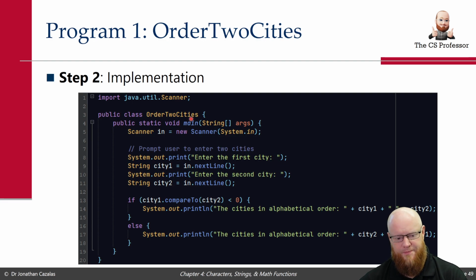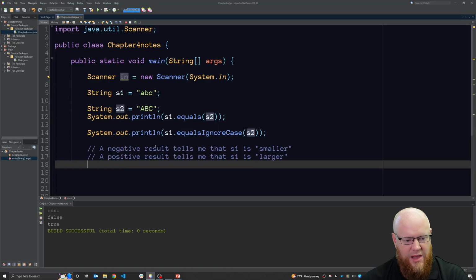And here's the solution. Into the first city, we use the scanner, in.nextLine, the nextLine method of Scanner, and we save it into city1. Enter the second city, in.nextLine, save it to city2. If city1.compareTo(city2) is less than 0, and what do we say if we get less than 0?